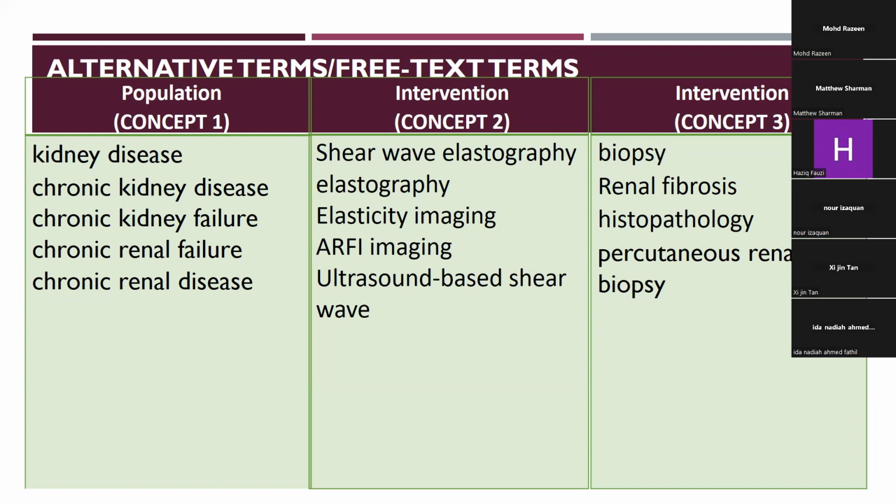We don't want to miss things, we don't want to miss papers. So it doesn't matter if they are correct or wrong. At this stage, we just want to list down as many as possible. So list down kidney disease, then the synonyms for shear wave elastography, and then the outcome, biopsy, and include all the synonyms for that. So we have 3 concepts.